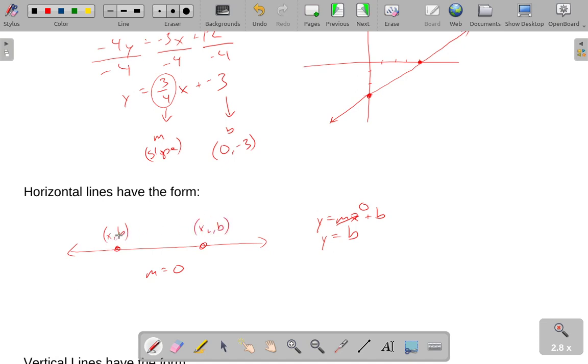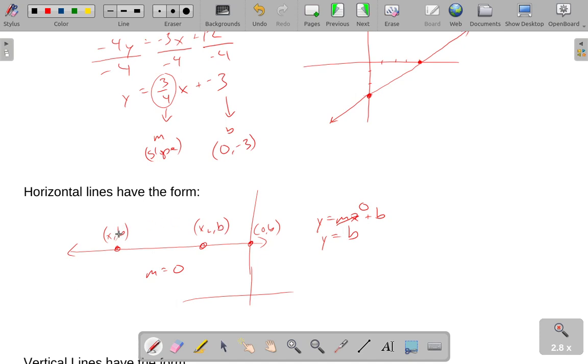In order for these points to satisfy the equation of the line, if I plug in the y-coordinate here, I get b equals b. If I plug in the y-coordinate here, I get b equals b. So both of those points do satisfy this equation. I'm calling it b because it crosses the y-axis at the point 0, comma b, because that's what the y-intercept is all about.